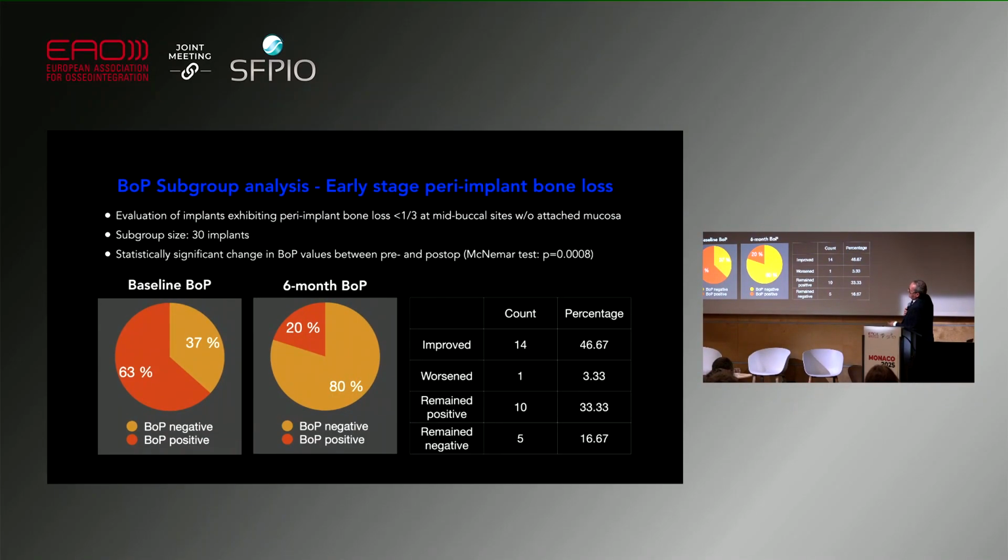For this subgroup, where we have a mid-buccal lack of keratinized tissue, we evaluated how the healing went on at this site. We realized that mid-buccally 15 of 30 implants were improved.